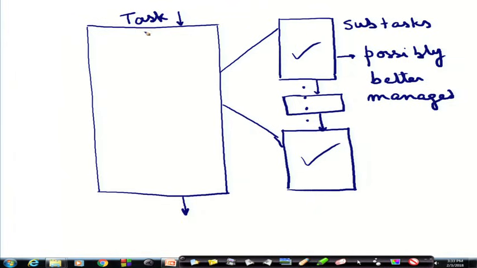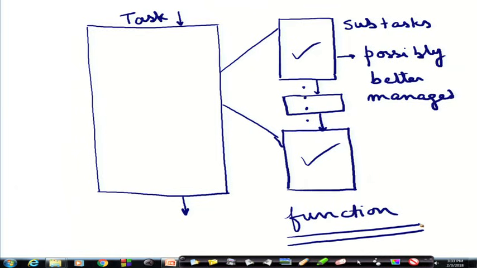When we say the term function, if we take the English meaning, function means doing something. So, it is also a task. Therefore, this entire function can be broken down into smaller functions, and each of these functions can be implemented independently.